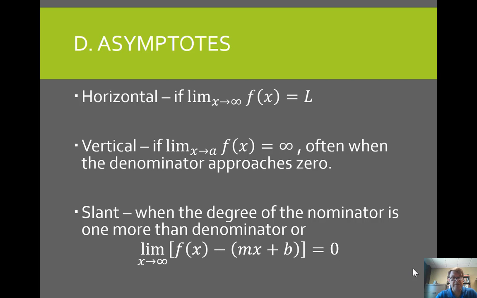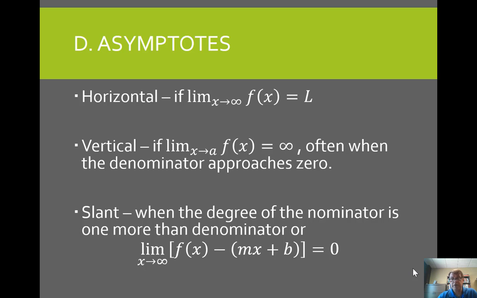Of course, if you can put it in this form, you'll also have a slant asymptote. You can see mx plus b is simply the equation of a line. So basically, this is saying that the limit as x approaches infinity, the function approaches this line, and therefore you're going to have a slant asymptote.